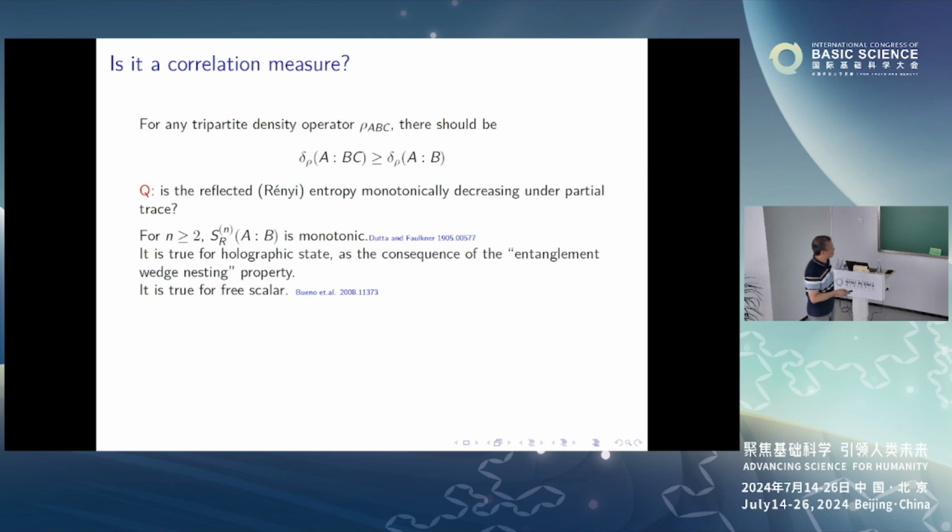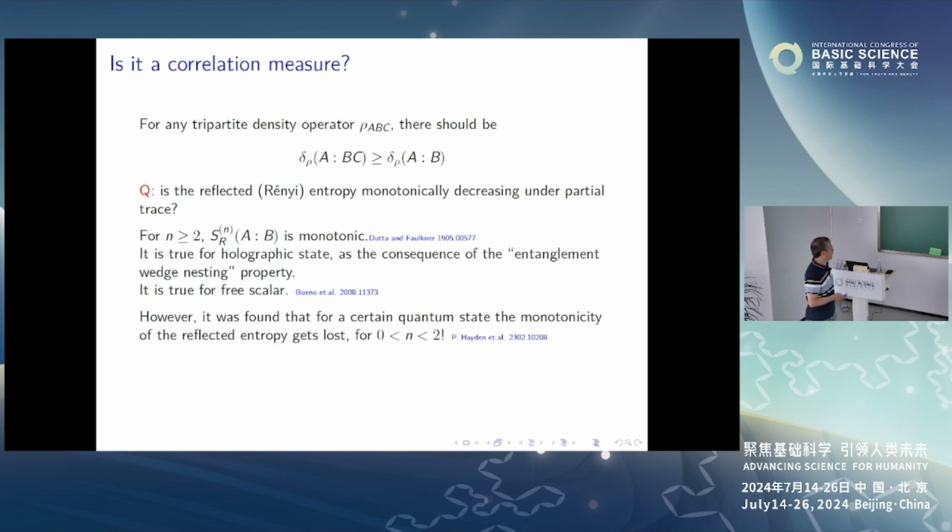And it has been proved in the original paper that if n is greater than 2, not less than 2, then the reflected Rényi entropy is monotonic. It is also true for holographic states as a consequence of the entanglement wedge nesting property, and it has been proved to be true for free scalar theory.